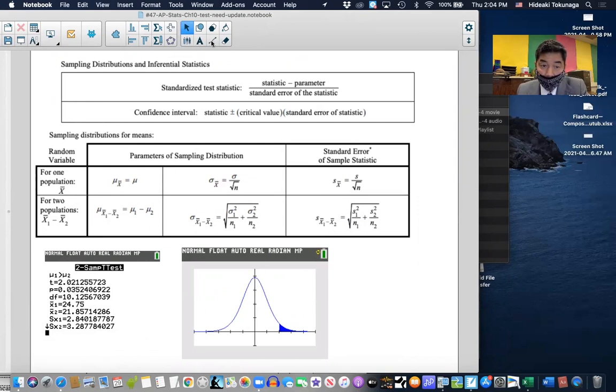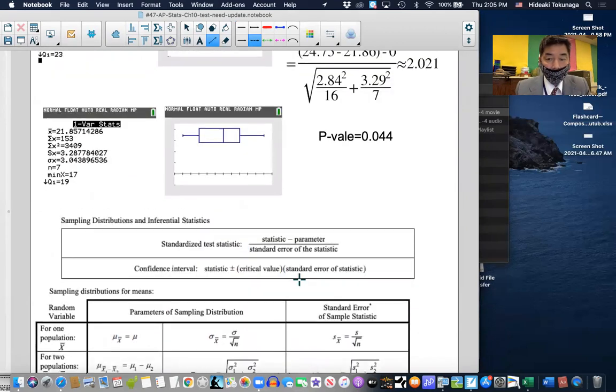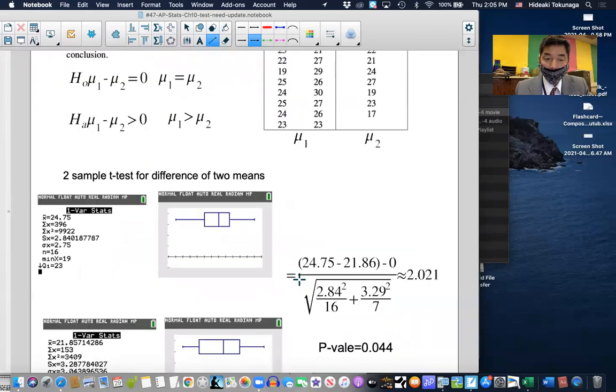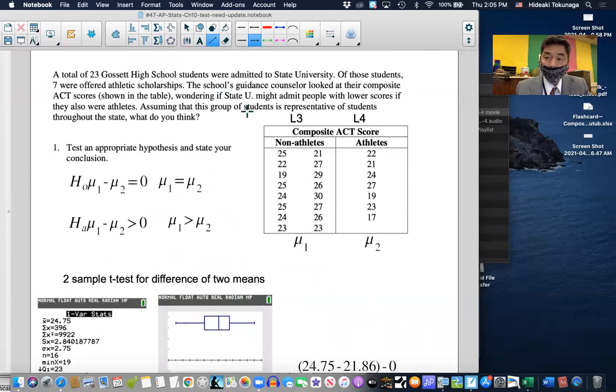So you have to create the dotted line of the significance level, the alpha level, which here is 5%. Okay, that's the complete version. And I already wrote the concluding sentence for this. So that's the significance test for this example.